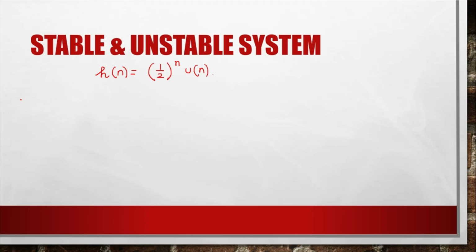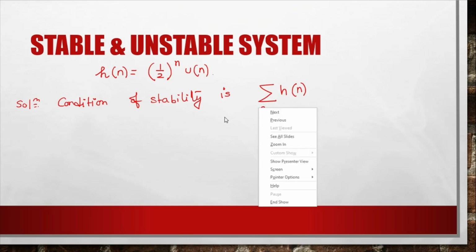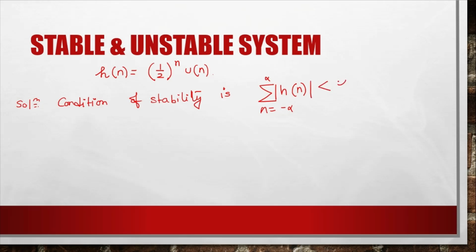So, what is the condition of stability? The condition of stability is summation of h[n], where n is ranging from minus infinity to infinity, modulus of this must be less than infinity.